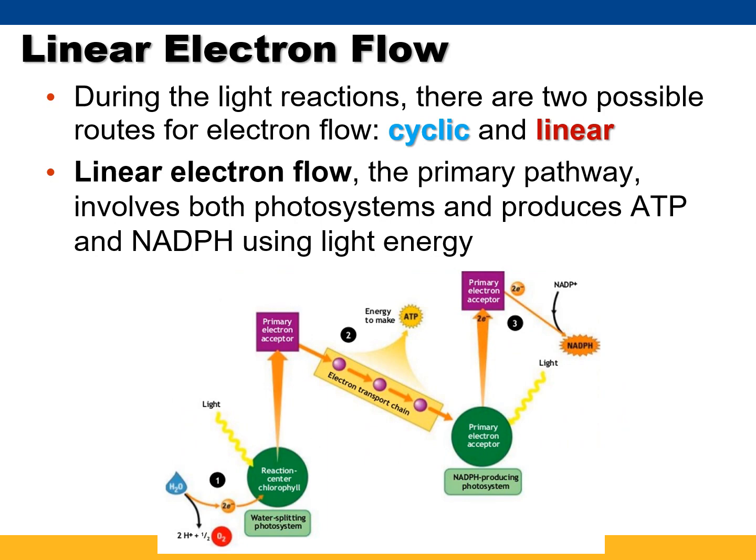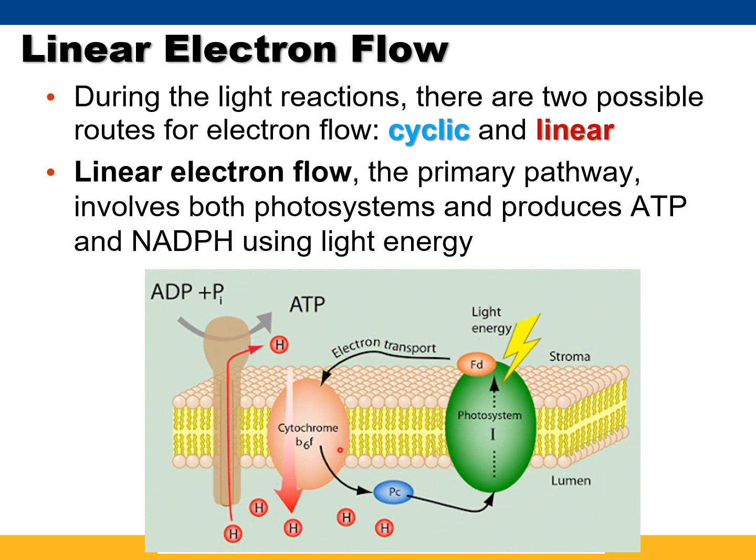However, there are times when a plant will need to undergo what we call cyclic electron flow. So if I show you this picture right now, we're going to go into this in a little more detail. But instead of handing off the electrons to NADP plus reductase, we cycle those electrons back around through electron transport.